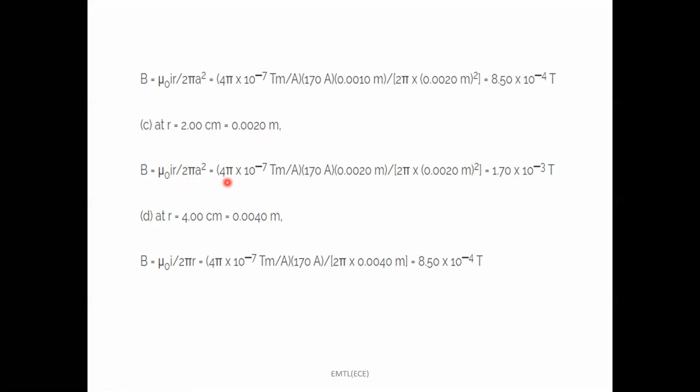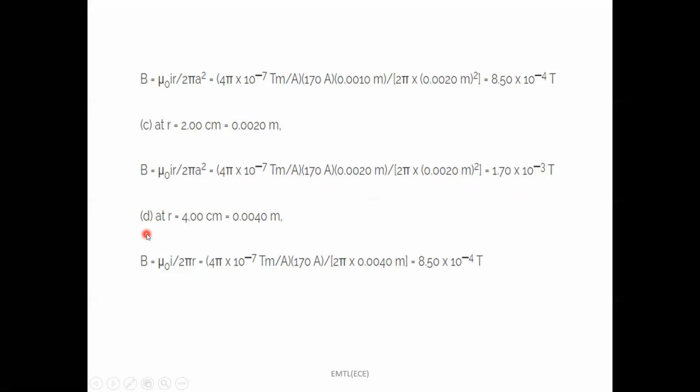Here mu naught value is 4 pi into 10 power minus 7 Tesla meters per ampere, I value is 170 amperes, and the r value is 0.0020 meters, by 2 pi a square, where a is 0.0020 meter whole square. By calculating all these values, the resultant magnetic field intensity at r is equal to 2.00 centimeters is 1.70 into 10 power minus 3 Tesla.